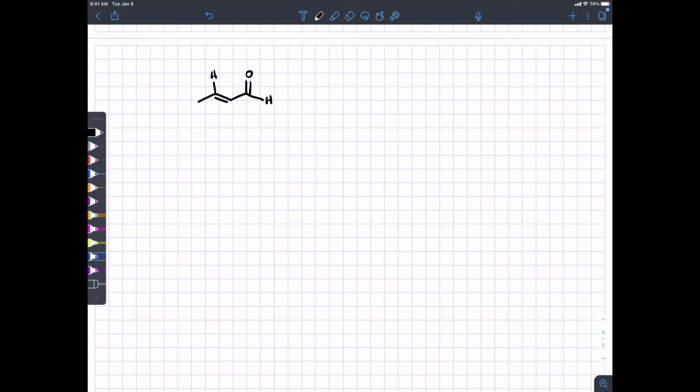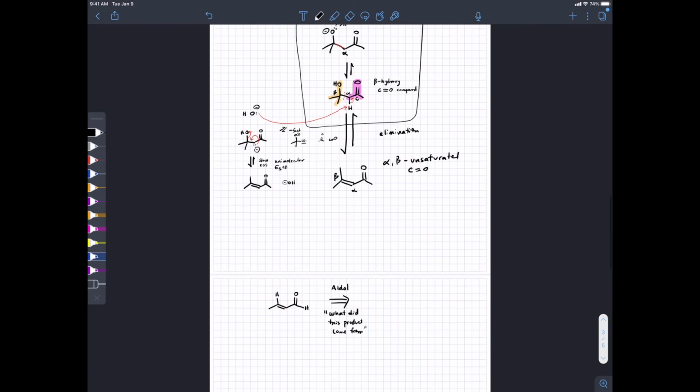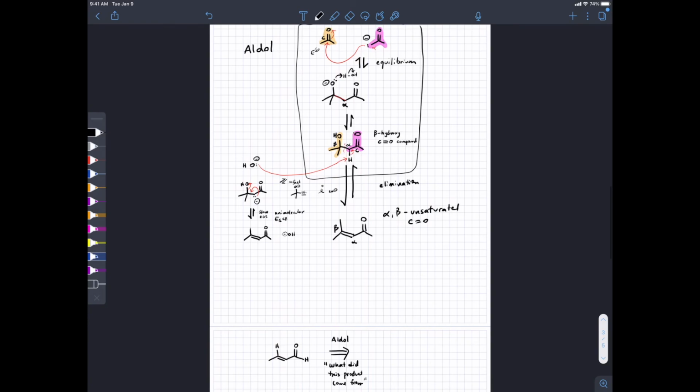Okay, I want you to look at that and think, if I did this via the aldol reaction, and this is our retrosynthetic arrow, what did this product come from? If I want to do it via the aldol reaction, what were the starting materials? Go back to your notes and look at the alpha beta unsaturated carbonyl compound and think about how to break that up in your mind conceptually to the starting materials of the aldol reaction.